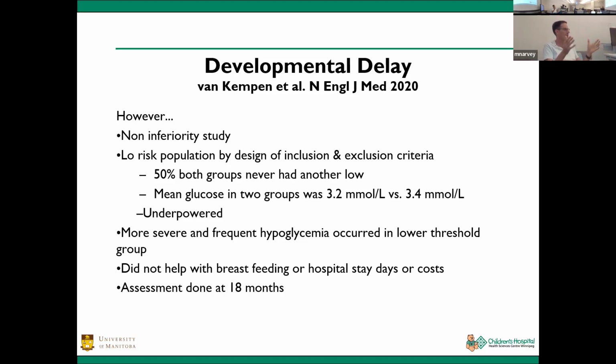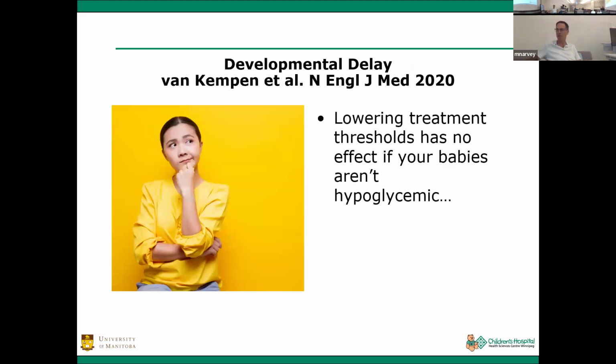They actually just showed if you make it such low risk that we're not going to see hypoglycemia, your babies who aren't hypoglycemic don't have impairments. So anyway, we responded to the author in question and said, we don't think this study adds anything because they excluded too many real life babies. And that was the conclusion.